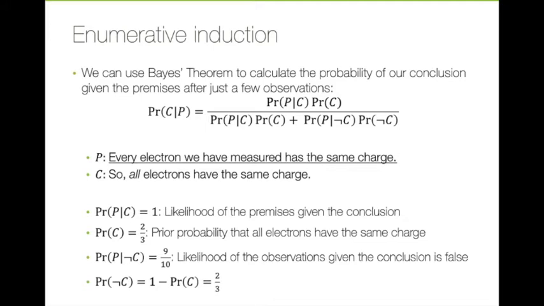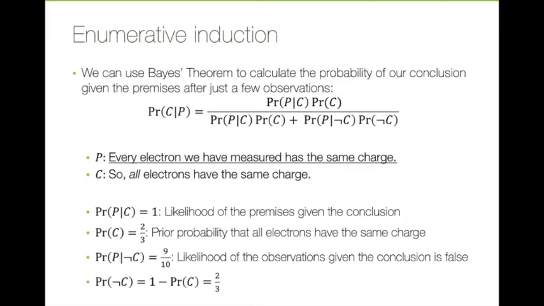Looking at what appears on the right side of the equal sign, we have 4 probability values that we need to calculate or determine the values of in order to calculate the probability of C given P. So we need to know the probability of P given C, the probability of C, the prior probability, the probability of P given not C, and the probability of not C, the prior probability that the conclusion is false.